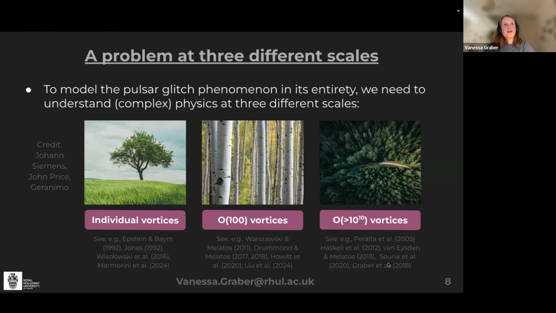So most of these papers, and there are many, many more, have looked at various aspects of this on a large scale setup. Apart from this first Peralta paper, there are 2 more from 2006 and 2008 that looked at this in 3 dimensions, but in spherical shells. But this is the scale that I'm going to focus on for the rest of this talk, and I'm going to show you some of the results of what we produced in the paper that we wrote last year.